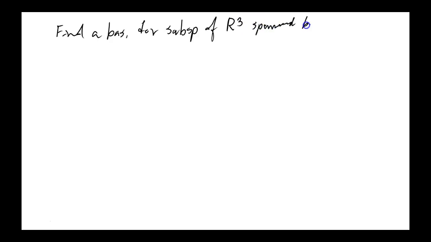Find a basis for the subspace of R3 spanned by this set. This is your spanning set: V1, V2, V3.